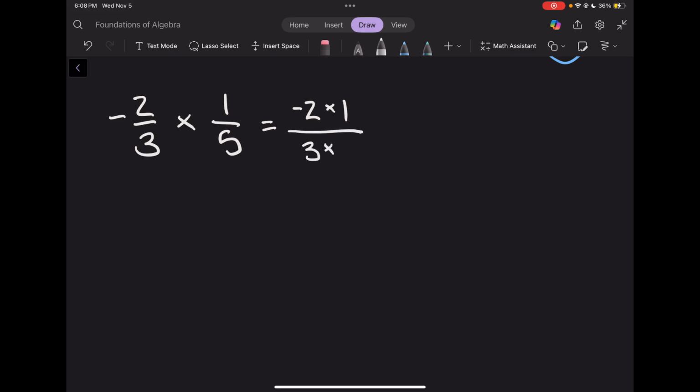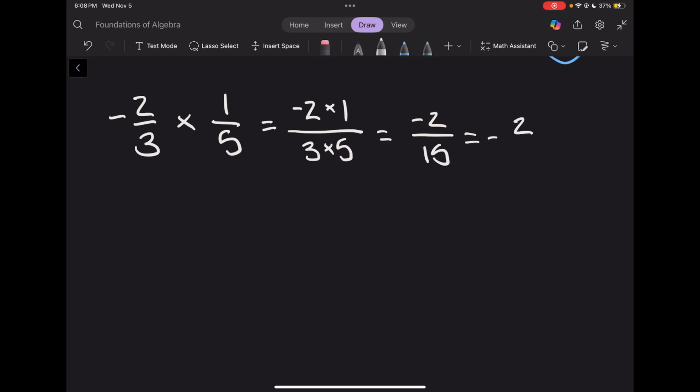Now what if we had -2/3 times, let's do 1/5. It's going to be -2 times 1 over 3 times 5, which is -2/15.